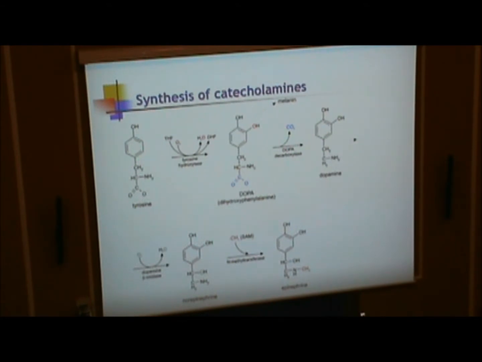The OH group appears at this point. DOPA may be submitted to the action of DOPA decarboxylase. The carboxyl group is released in the form of carbon dioxide. The DOPA is converted into dopamine.